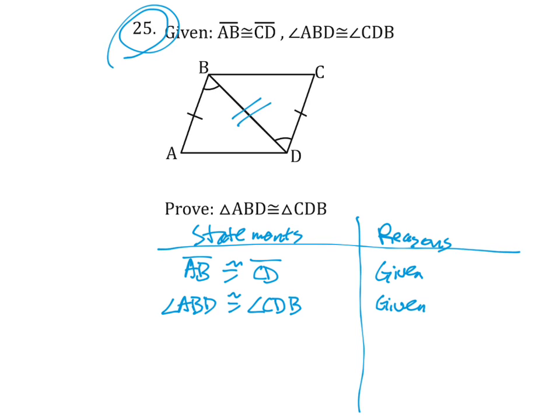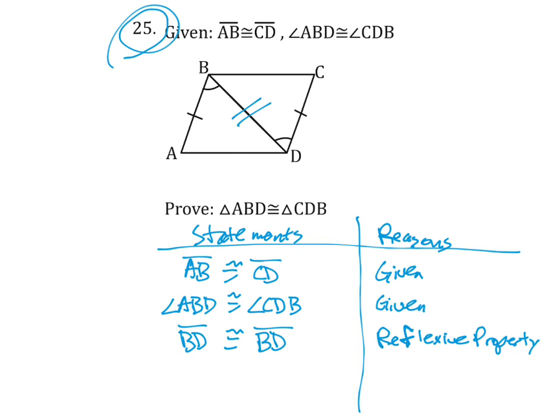You can add congruent marks here, and that's because this side, BD, is shared between the 2 triangles. So I'm going to put BD is congruent to itself, BD. And that's the reflexive property. And that's just saying that things are congruent to themselves.